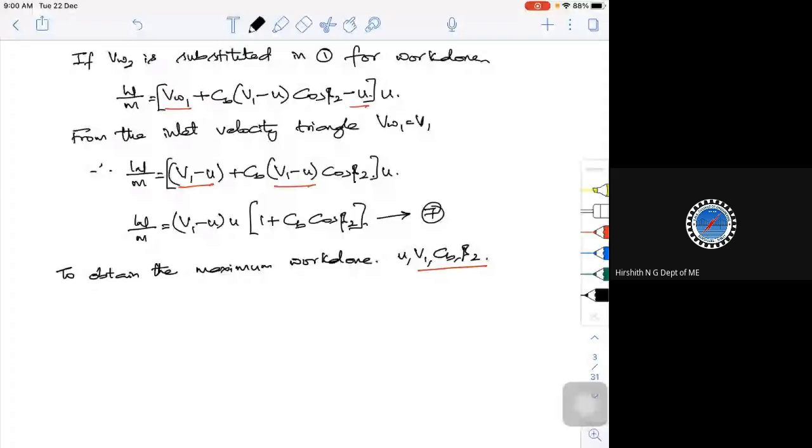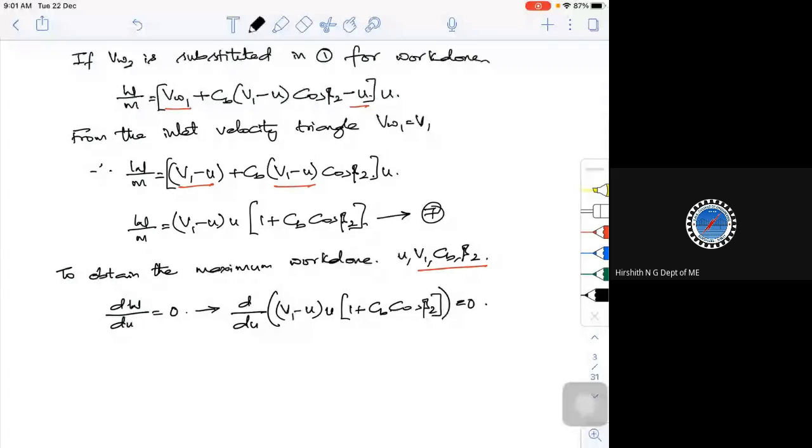So if we want to maximize this, I'm going to take dW by dU and equate it to 0. So this will be d by dU of (V1 minus U) into U within my bracket, 1 plus CB into cos beta 2, equal to 0.